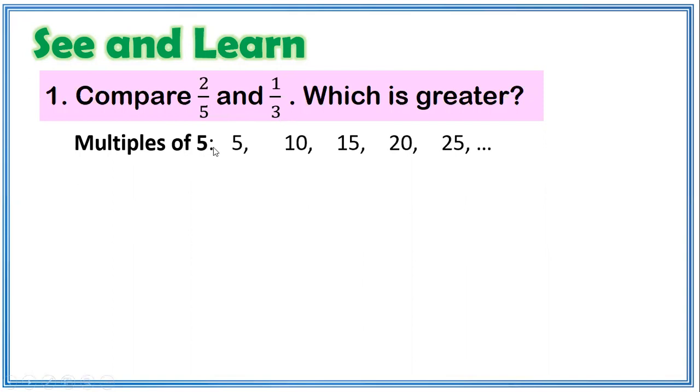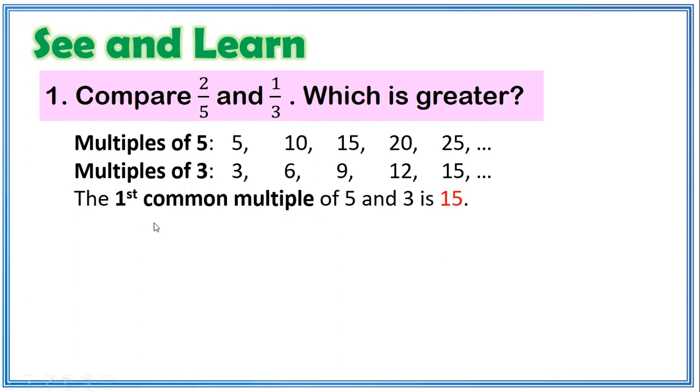The multiples of 5 are 5, 10, 15, 20, 25, and so on. The multiples of 3 are 3, 6, 9, 12, 15, and so on. And the first common multiple of 5 and 3 is 15.